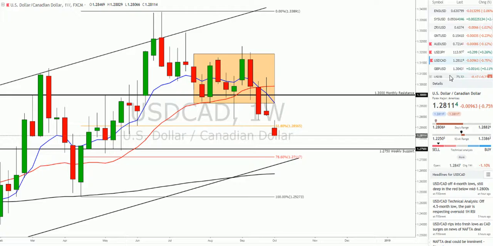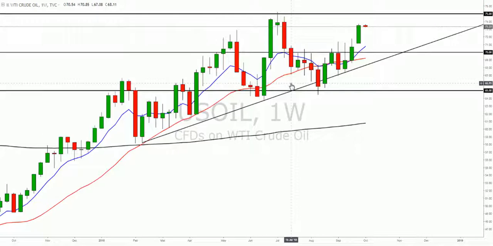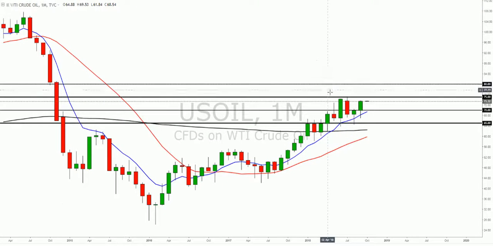If we take a look at oil currently, it is doing quite well. It has just moved upside, and I can't see it breaking these highs. Take a look at the monthly time frame, just approaching that 75 level. But again, we are looking very bullish.